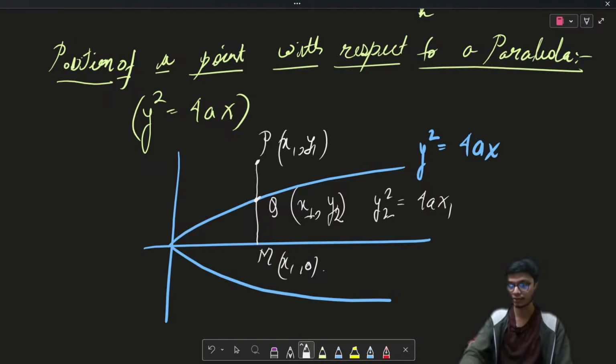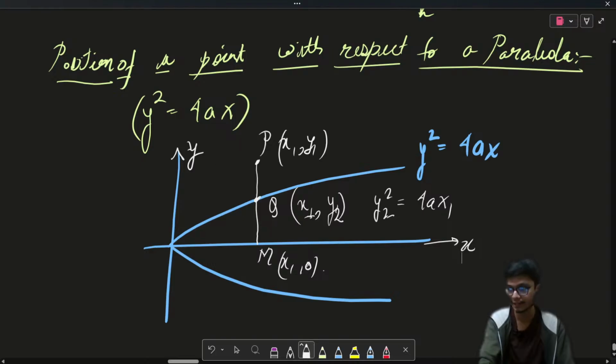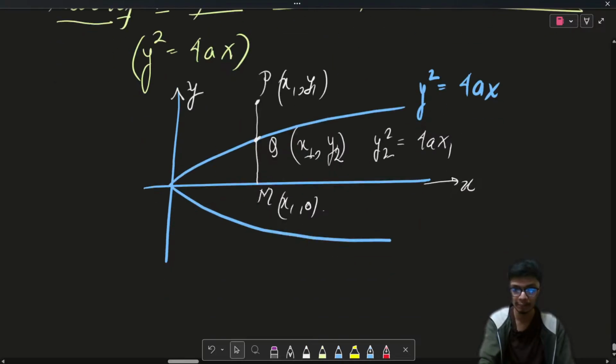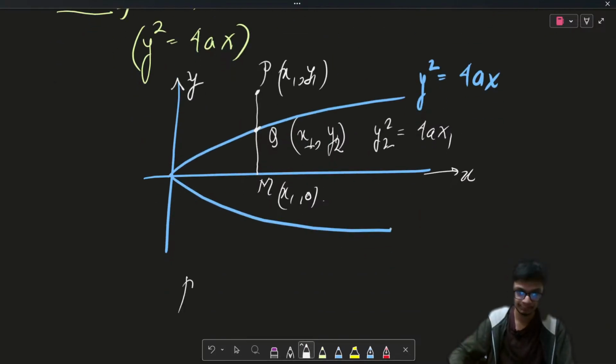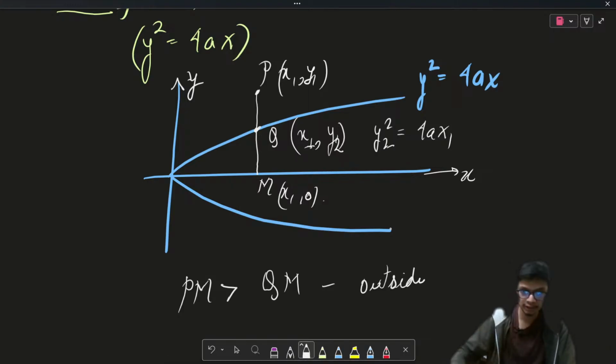So if we have this discussion now, since this point P lies outside this parabola, therefore what we can say is that if my point P lies outside the parabola, this PM should be greater than QM. If I take the square, it will also be greater, right?